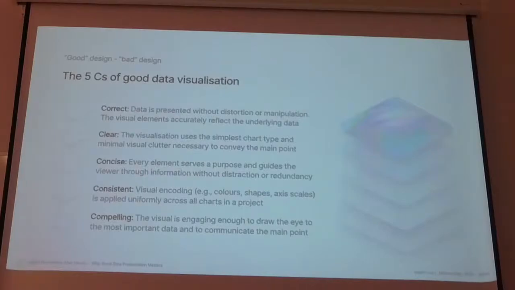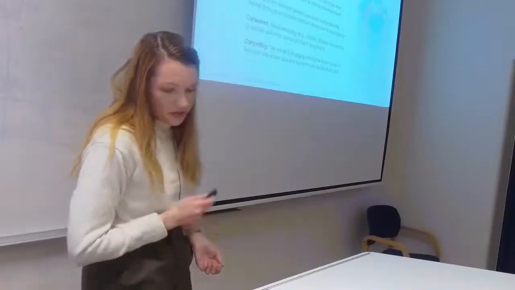Then it should be simple enough to be understood immediately. It should have uniform encoding, so you understand what's going on, and the same elements have the same meaning in all of the visualizations. And lastly, it should look nice enough that it emphasizes the main information and that you actually want to explore the visualization of the information that we have.